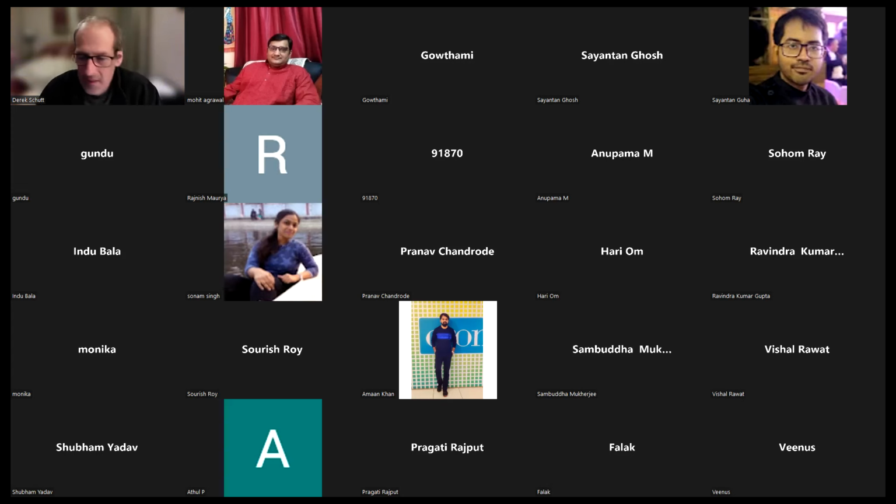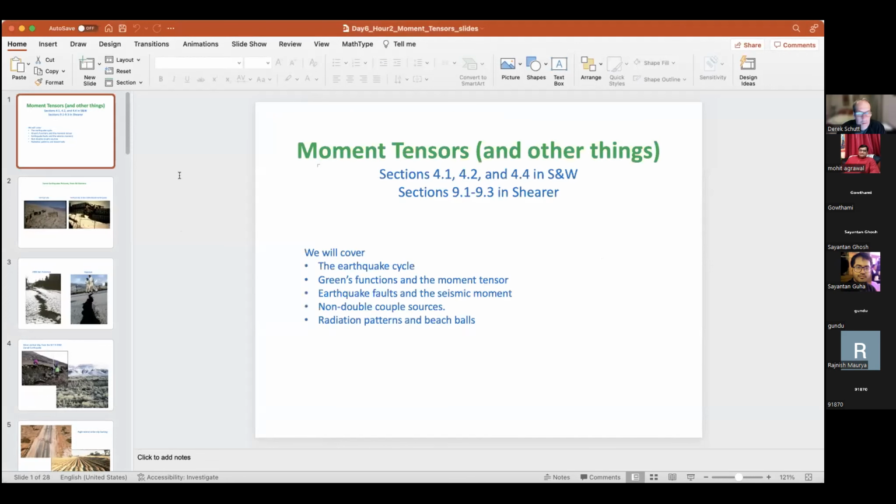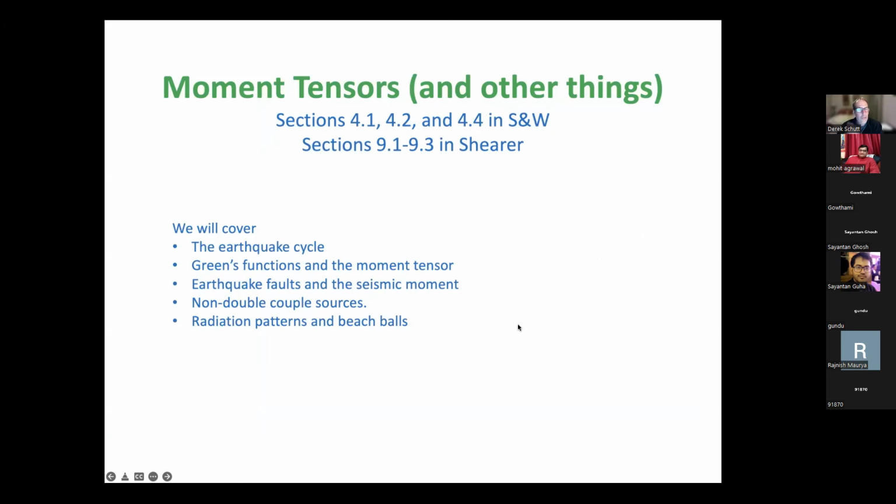All right, I guess we can talk about moment tensors now. I don't know if anyone's reading the Stein and Wysession book, but earthquake seismology, which is today and tomorrow's lecture, is in chapter 4.